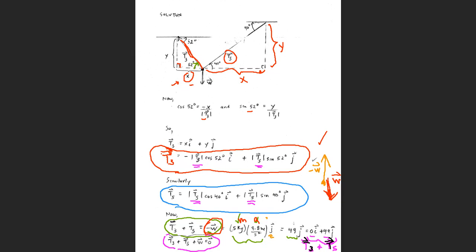Look at T3, look at T5, and look at this. If this T3 vector plus this T5 vector equals this vector here, then we're going to end up with a system of equations that you see here. That's what we're going to end up with.